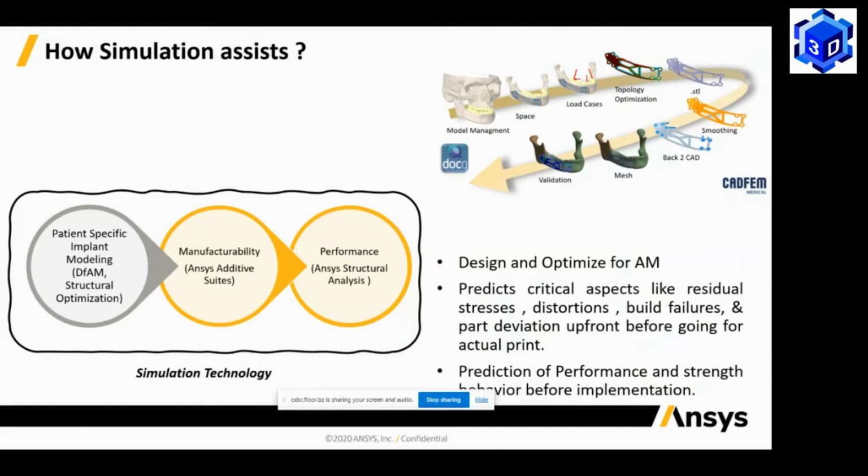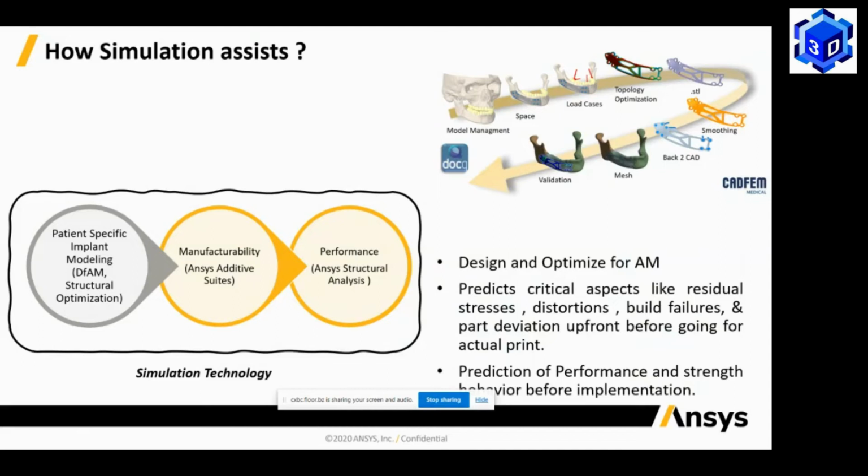Those things can be achieved by doing the lattice optimization here. And also with capabilities like DFAM, we can print these implants successfully without much iteration, which will reduce the cost and the time to market.